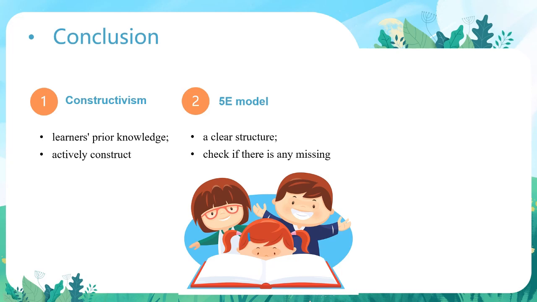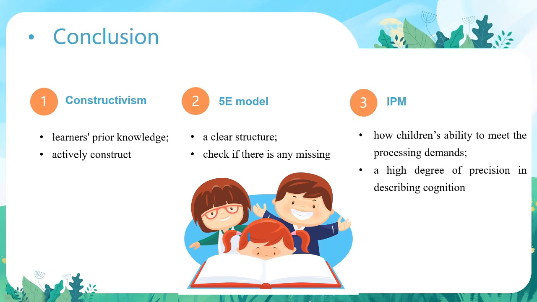Then we can have an overall improvement of our teaching design. Furthermore, IPM can let us have a chance to consider how children's ability to meet the processing demands of a particular task changes over time, and how to lead students to achieve a high degree of precision in describing cognition.